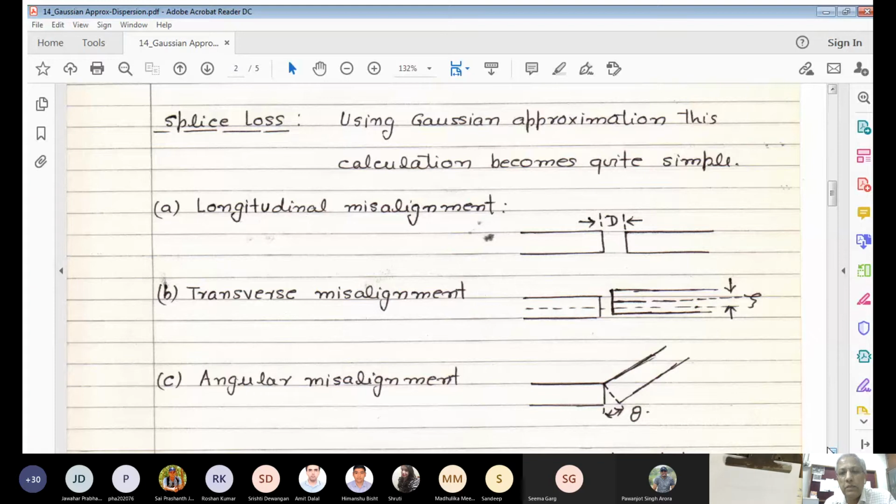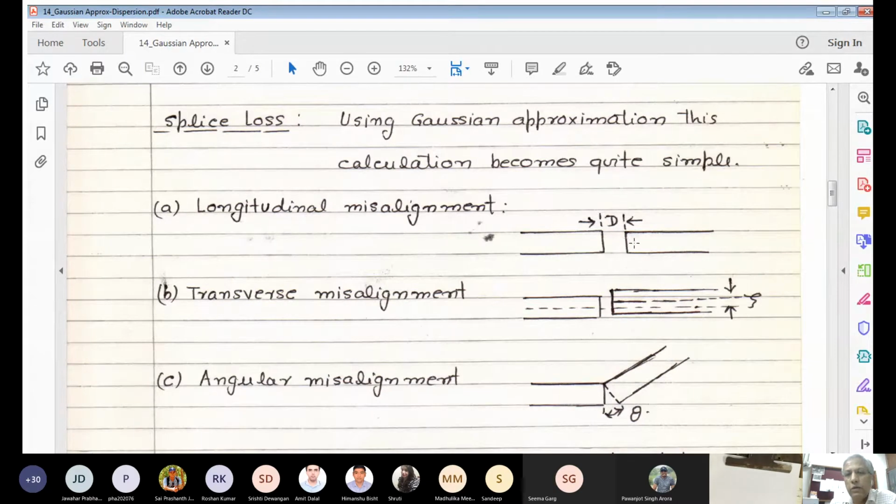Basically, if there is some gap between the two fiber ends, what will happen is that when the field comes out from the output end of the first fiber, within a very small region the field would diffract, so its size will change a little bit, and then it will enter the second fiber, and that would give you some loss.